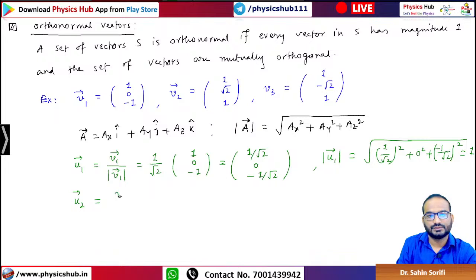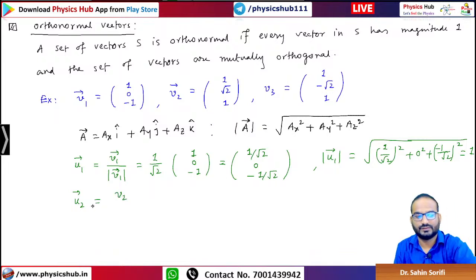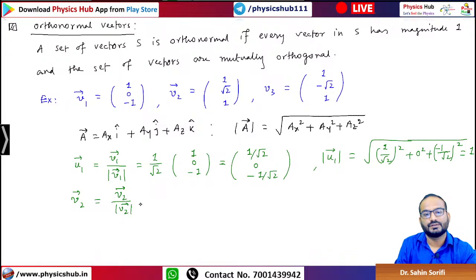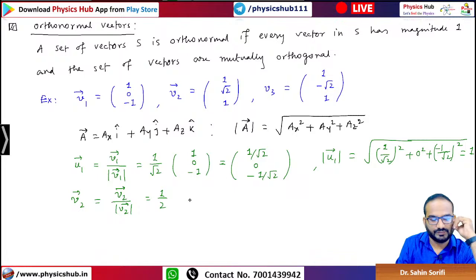Now u2, let's call it v2, so vector v2 by modulus of v2. Similarly, what is the magnitude here? Root over 1 square plus root 2 square plus 1 square, so this is root over 4. So 1 by 2 will come here, times 1, root 2, 1.